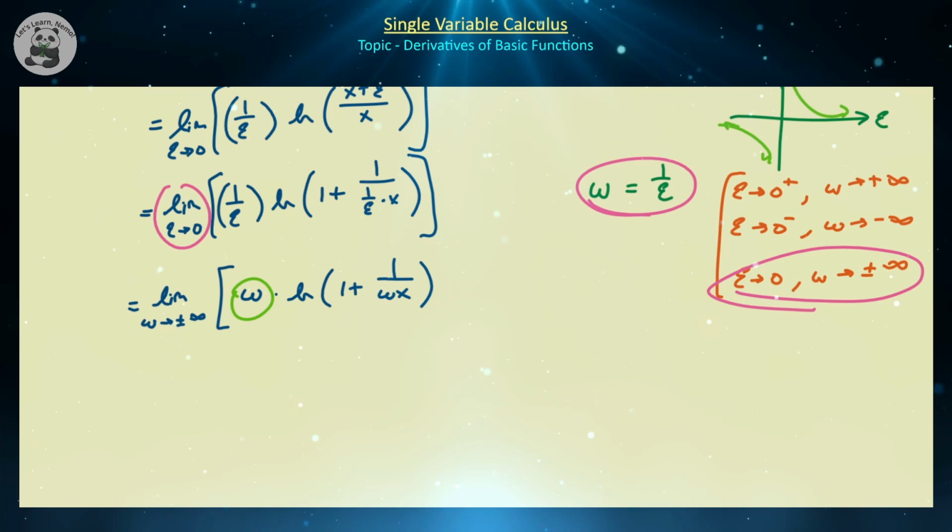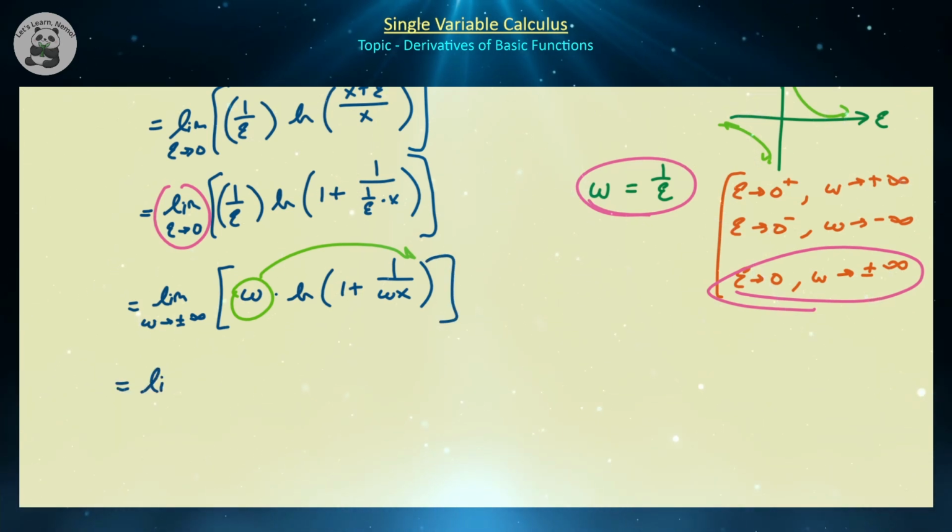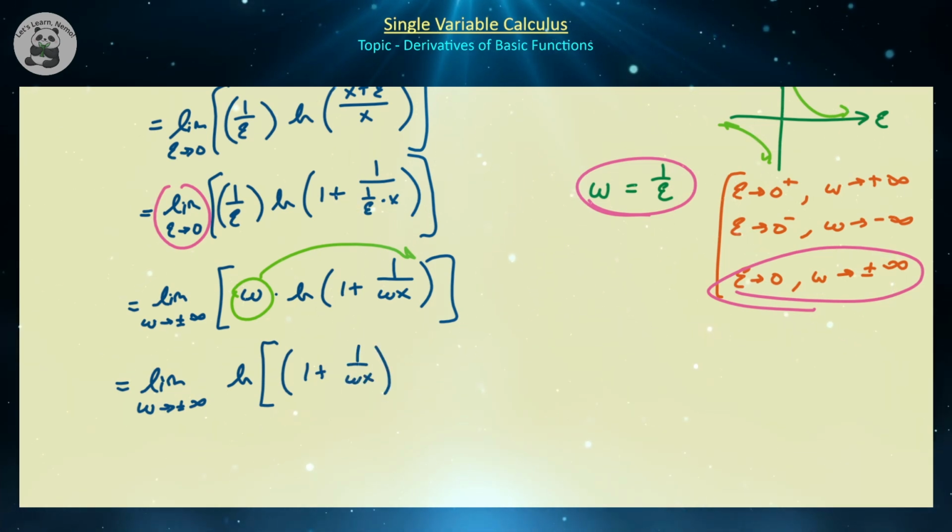Now I'm going to be bringing this omega up to the power of this little sum of rational functions, and that's going to give me the limit as omega approaches plus or minus infinity of the natural log of 1 plus 1 over omega x to the power of omega.